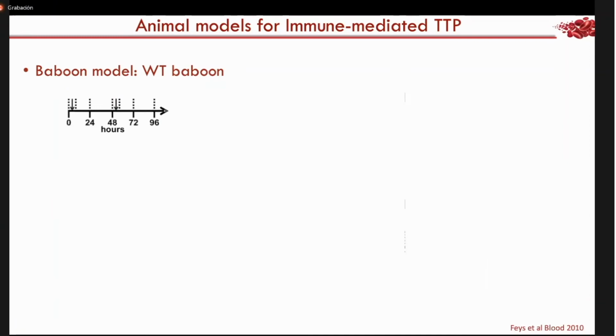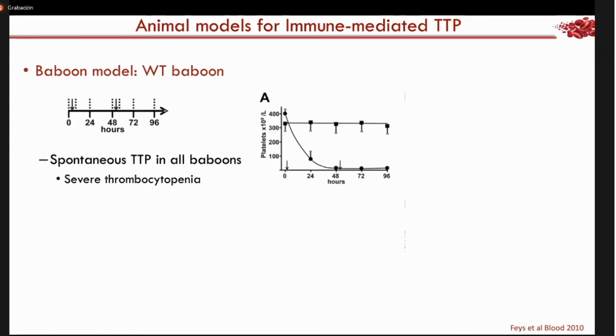Now, what about TTP? We were very surprised and also happy to see that there was spontaneous TTP in all baboons, because without injecting any trigger, the baboons developed spontaneous TTP signs and symptoms when we simply blocked ADAMTS13 activity.